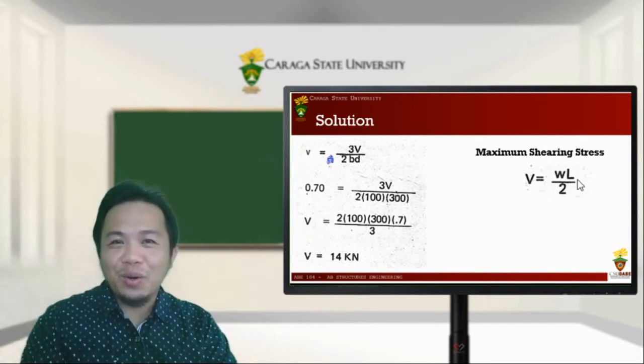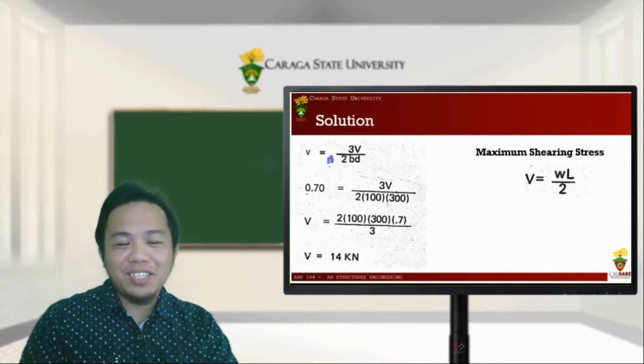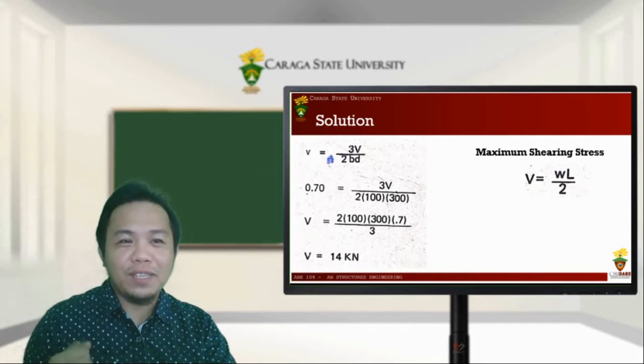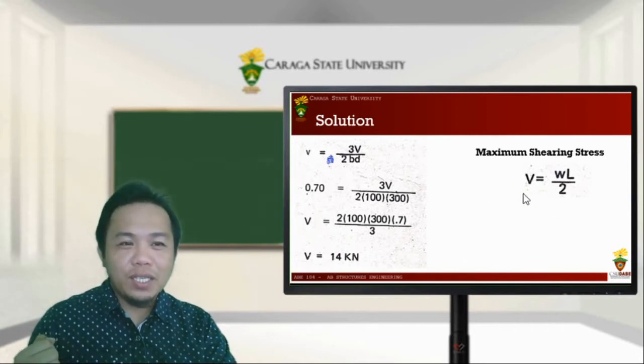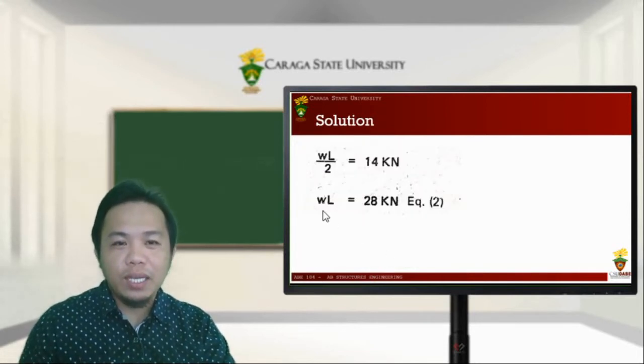You can test your understanding of shear and moment diagrams to verify if it is true. Using this formula, by substitution, we can formulate another equation, which is WL equals 28 kilonewton.